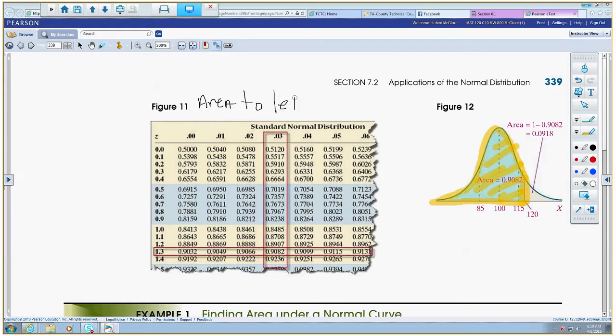If you ever need to find the area to the right, which means above, greater than, scores above 120, then the right-hand side is equal to 1 minus the left-hand side.